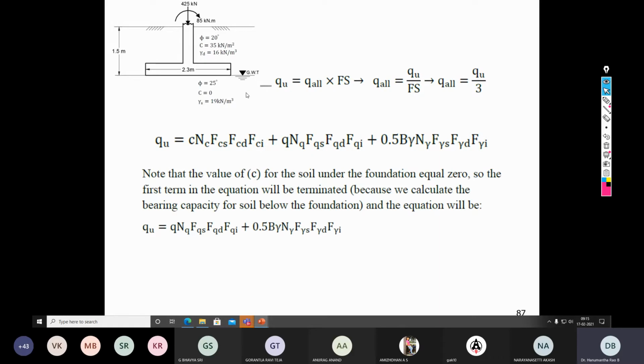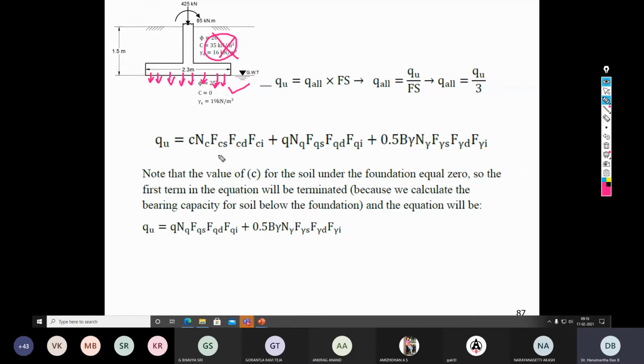As I told in the last class also, since all the load is going into the soil which is beneath the foundation, we don't need to consider the soil properties which are above the foundation level. If you look at the soil properties below the foundation level, the cohesion is 0.